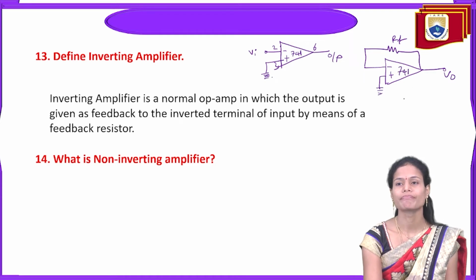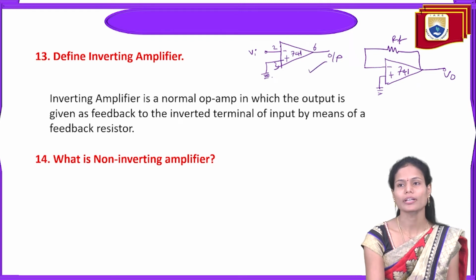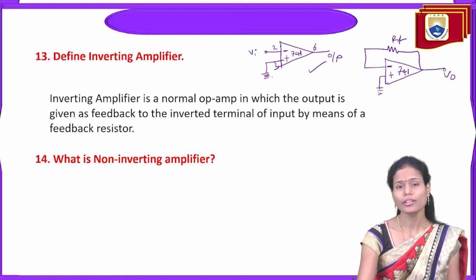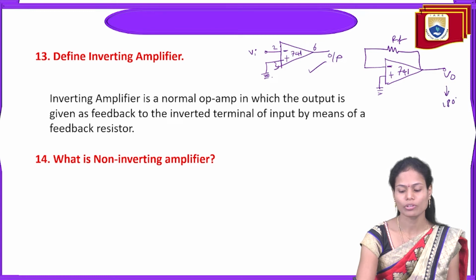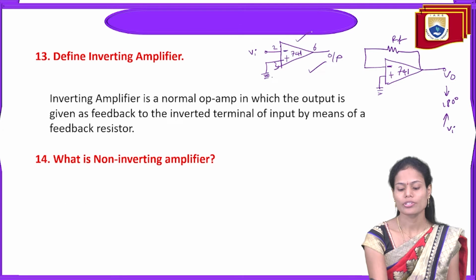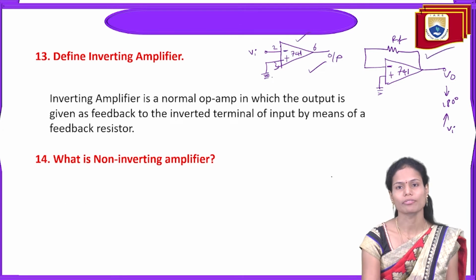So it is the closed loop inverting amplifier, and this is the open loop inverting amplifier. We can say a particular operational amplifier is an inverting amplifier when we apply the input signal to the inverting terminal. In the case of an inverting amplifier, the output is always 180 degrees out of phase with the applied input signal, that is, in the open loop configuration or in the closed loop configuration.